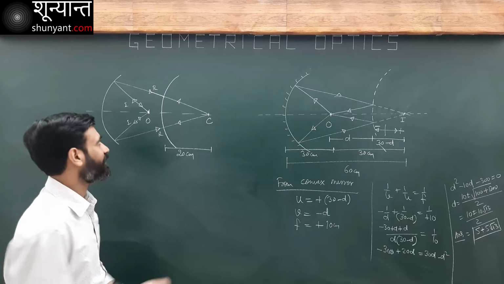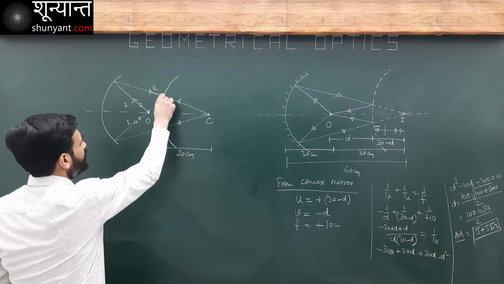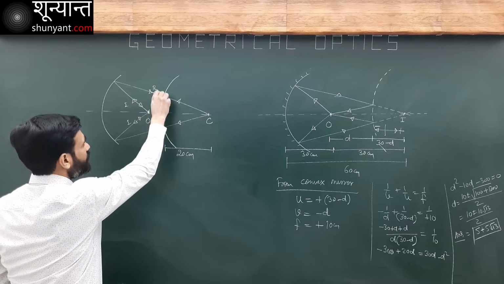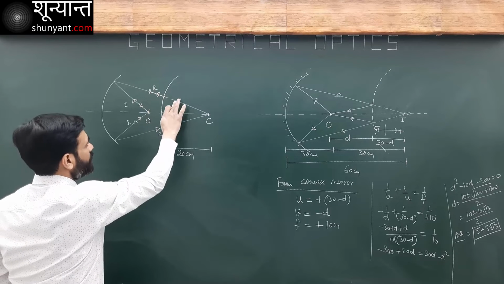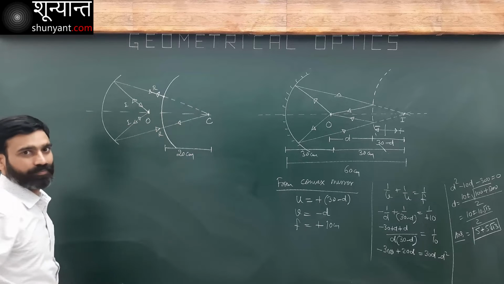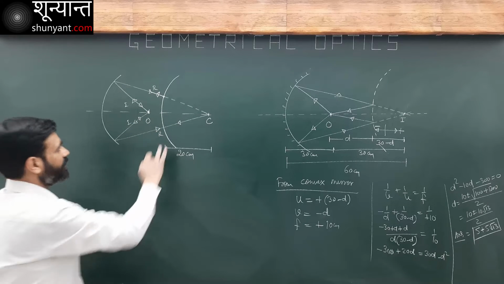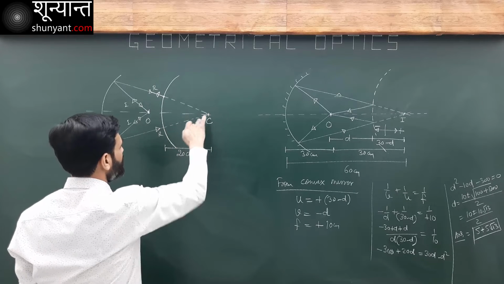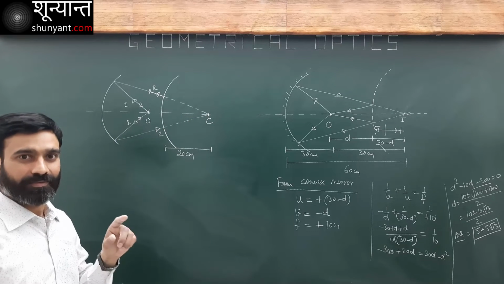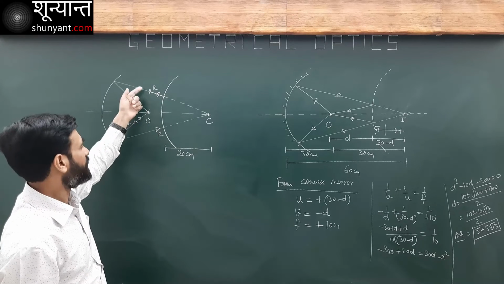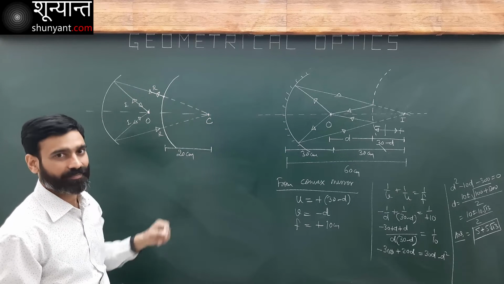Now if these incident light rays start to retrace from this point, then finally they will reach here at the starting point. That is the object. So I have to make these light rays retrace their path. They can retrace when they fall normally. And when do they fall normally? When they pass through the center.